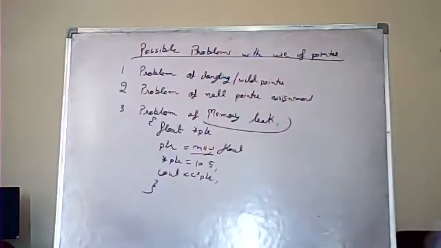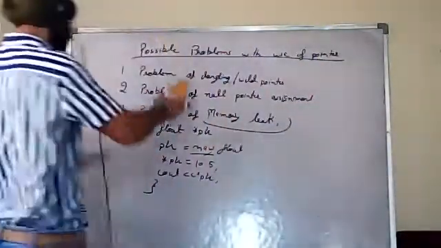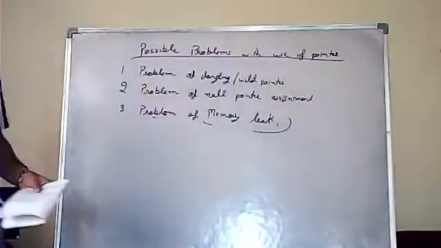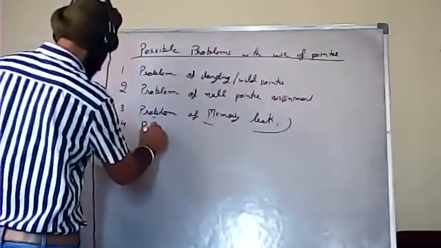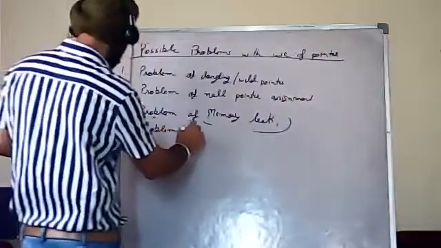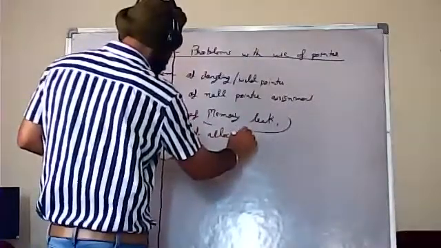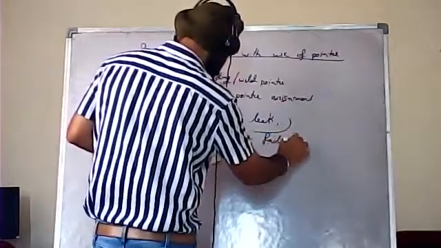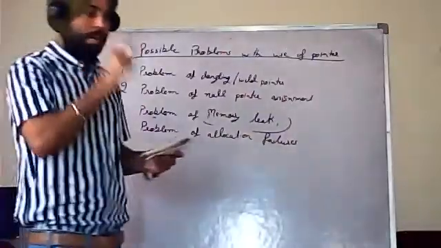So now our next pointer related problem, our fourth pointer related problem, is the problem of allocation failure.